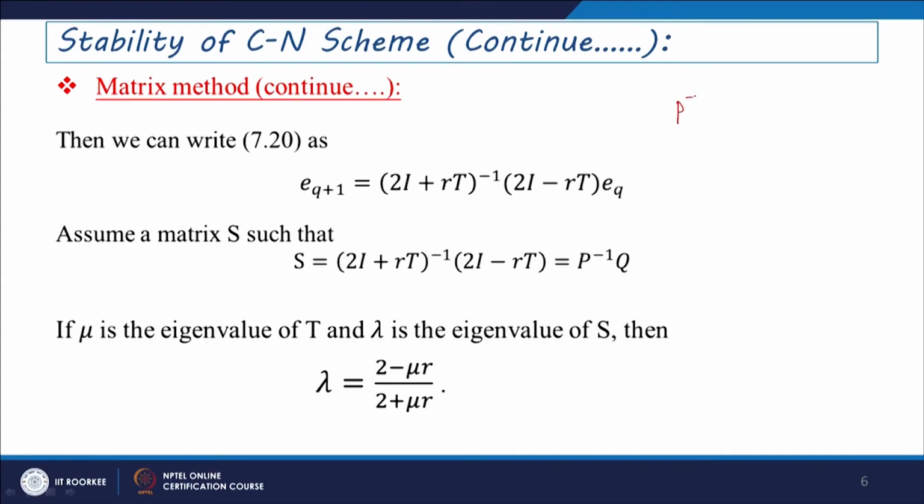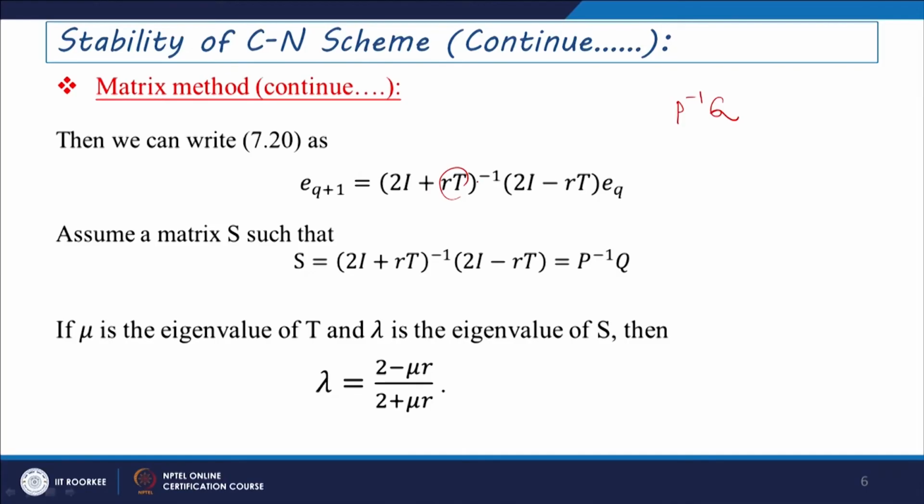So if you write E of Q plus 1 in the form of P inverse Q, then we can formulate that as follows. Since T is the matrix which takes the coefficients of R itself, it can be written in the form of RT here. And the rest of these elements take coefficients expressed as 2 at the diagonal positions, so we can express that as 2 into an identity matrix.